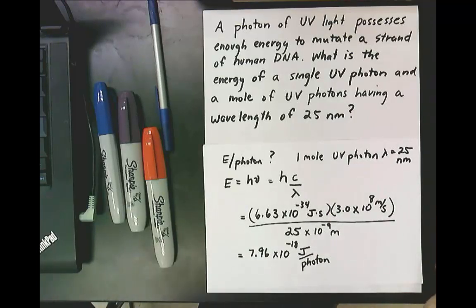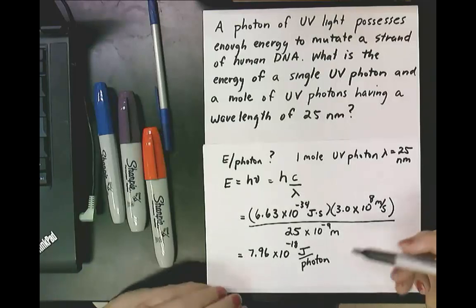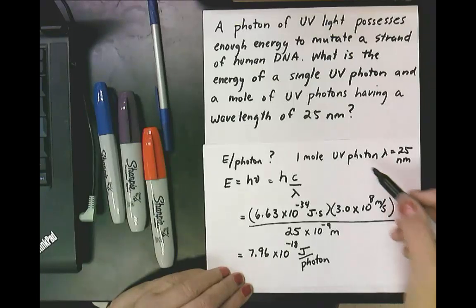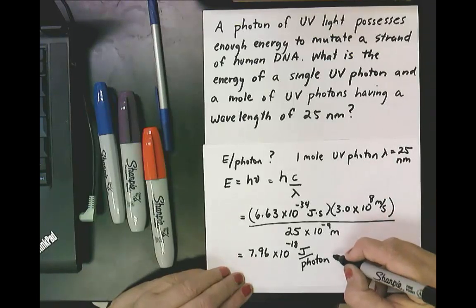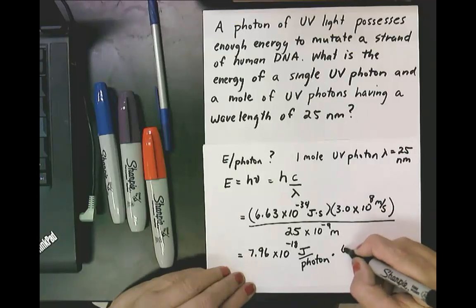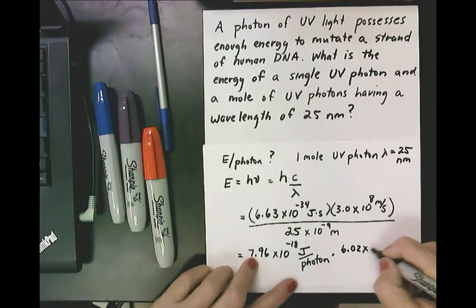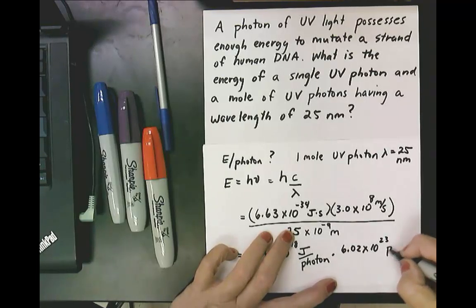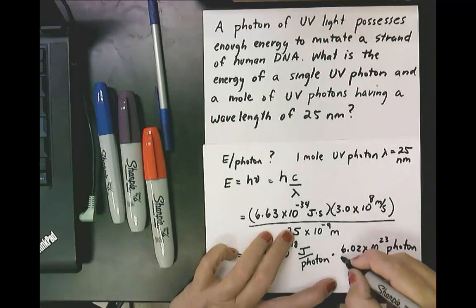Okay, so this is joules per photon, and we know a mole has 6.02 times 10 to the 23rd particles of anything. In this case, we're talking photons. So we just take it a step further so that we can figure out how much energy is in a mole's worth instead of just a photon.